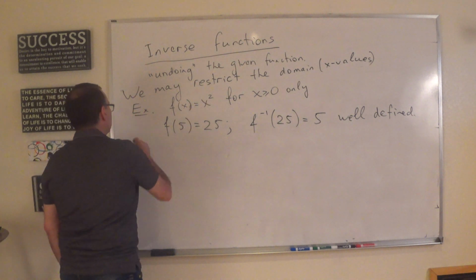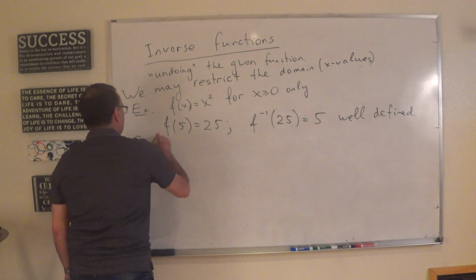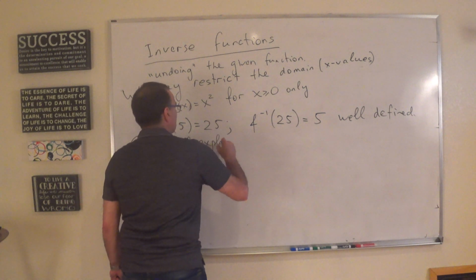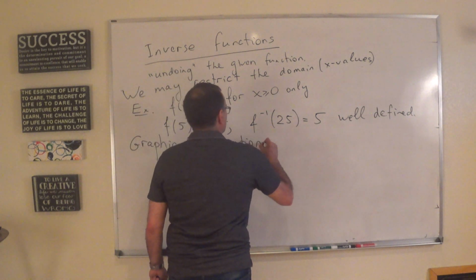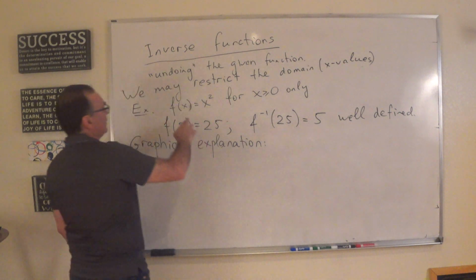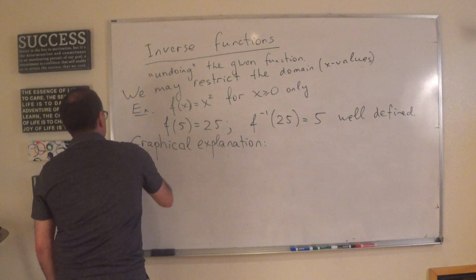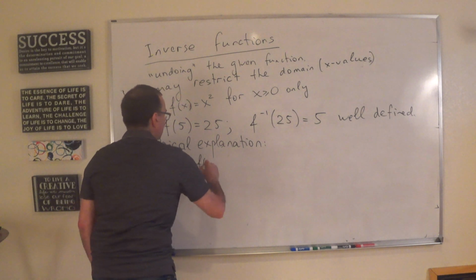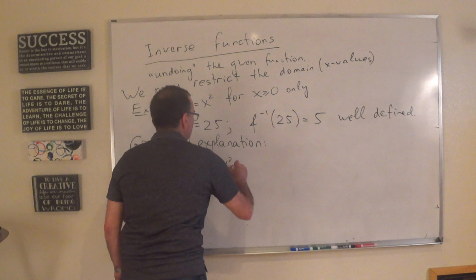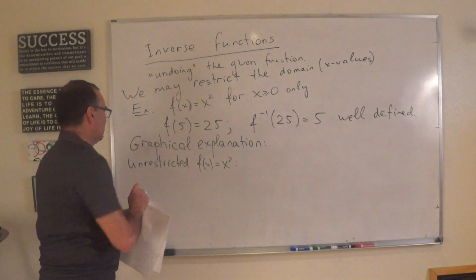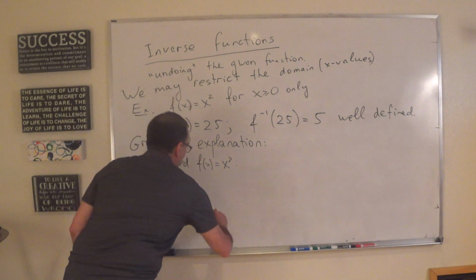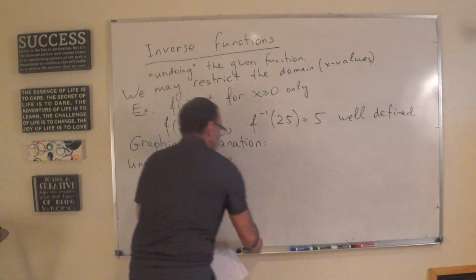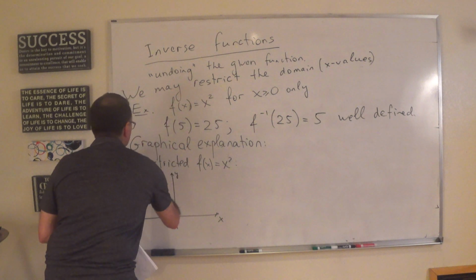If you consider the unrestricted function f of x equals x squared, then the graph of this function will be the parabola that looks like this.